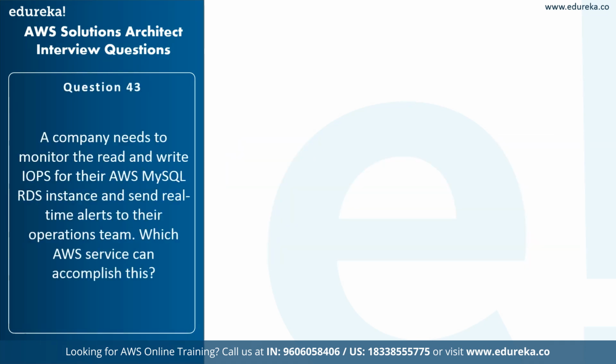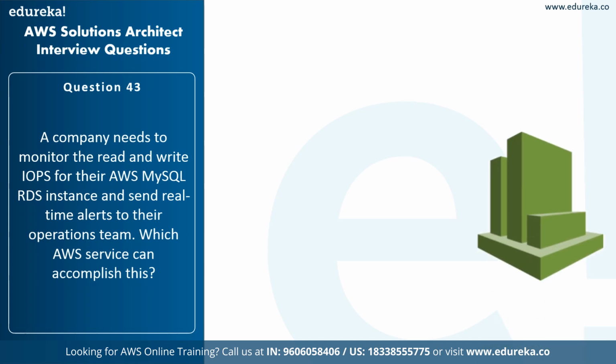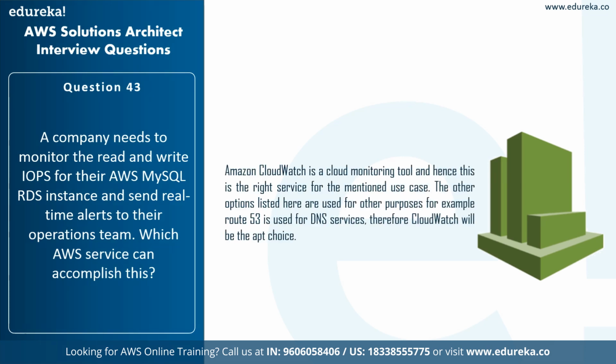A company needs to monitor the read and write IOPS for the AWS MySQL RDS instance and send real-time alerts to their operations team. So which AWS service would be able to accomplish this? Talking about the different services that we have in AWS, like the Amazon Simple Email Service, CloudWatch, Amazon Simple Queue Service, and Route 53, here we can go for the Amazon CloudWatch.